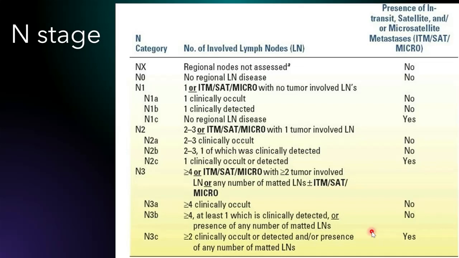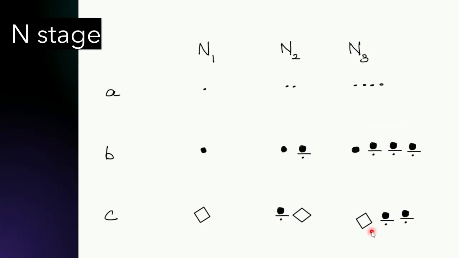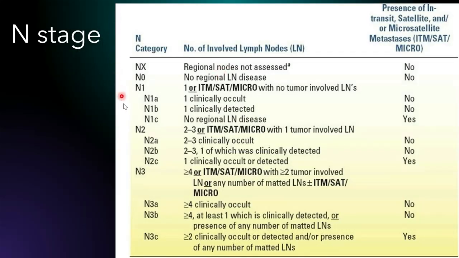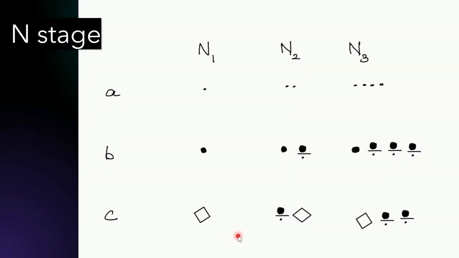It seems confusing. Let us try to simplify it. In N there can be N1, N2 and N3, and in each there are A, B and C: N1A, N1B, N1C, N2A, N2B, N2C, N3A, N3B, N3C. Let us simplify. In N1A, N2A and N3A, this dot is a clinically occult node, that is, the node is pathologically positive but clinically not palpable.